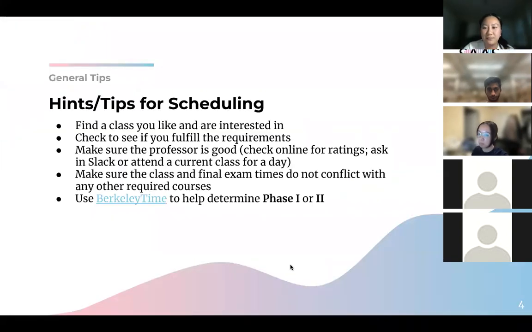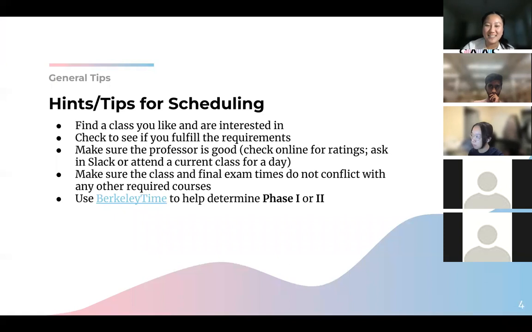Okay, so hints and tips for scheduling. This is just a quick little process that you could go through. Find a class that you like and are interested in. You can read on classes.berkeley.edu all of the course descriptions and all of the minutia and details. But check to see if you fulfill the prerequisites or the requirements.